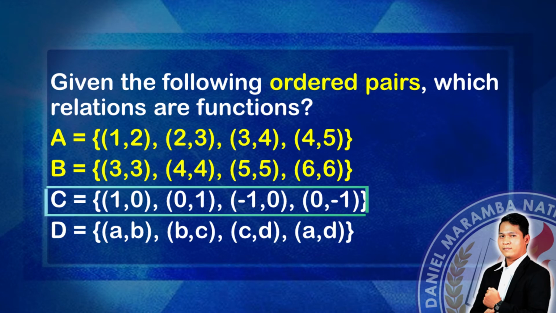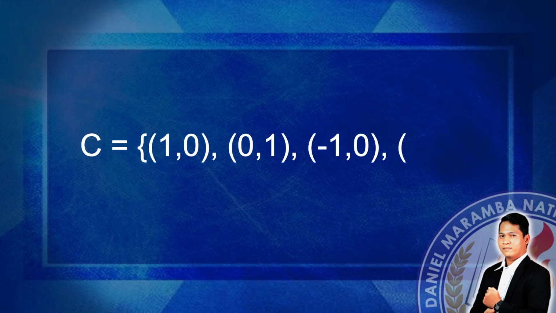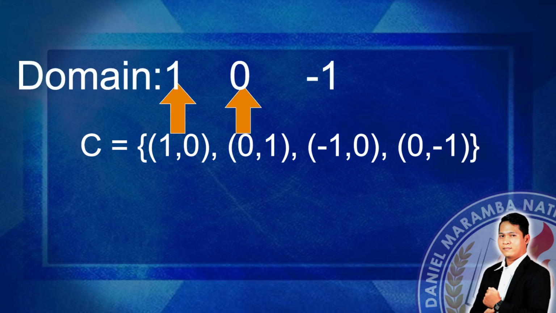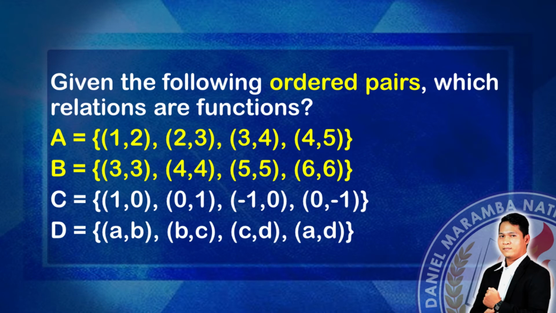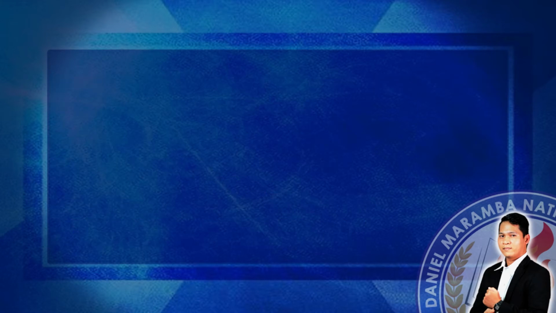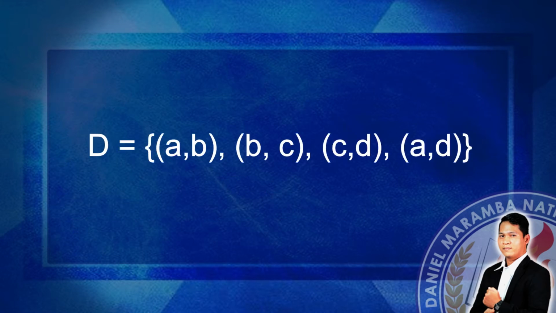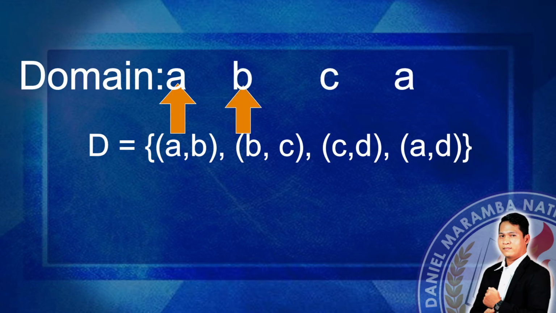Samantalang ang set C ay merong naulit na 0. Ang (0, 1) at (0, negative 1). Kaya hindi siya function. At ang set D ay merong naulit na A. Yung una ay ang A kasama ang B at yung ikalawa ay yung A na kasama ang D.